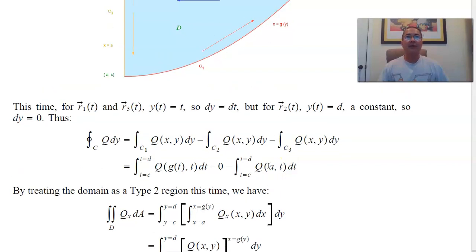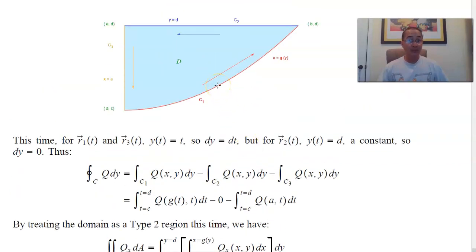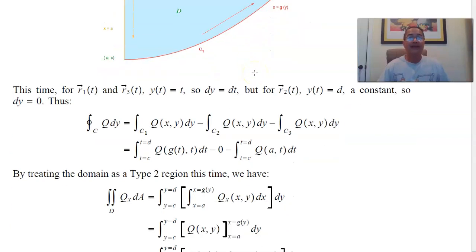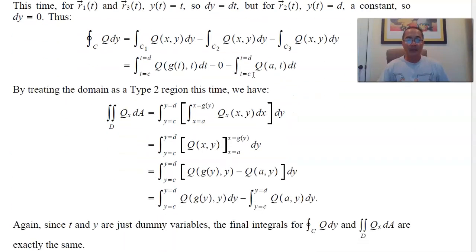Now we treat this as a type 2 region, and that is why it was important that we have a simple region. It is now y going from C to D, x going from A to g of y. Aha. So this is our double integral. y going from C to D, dy on the outside, x going from A to g of y, q sub x of x, y.